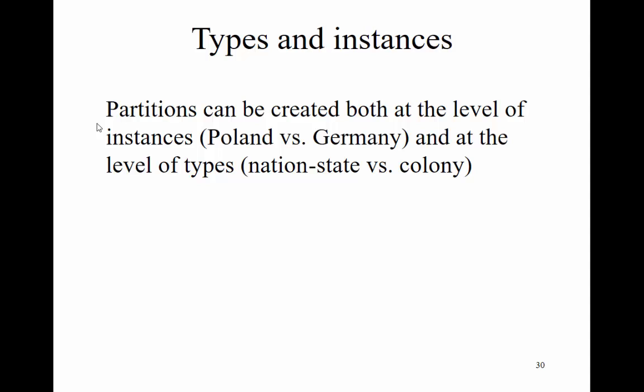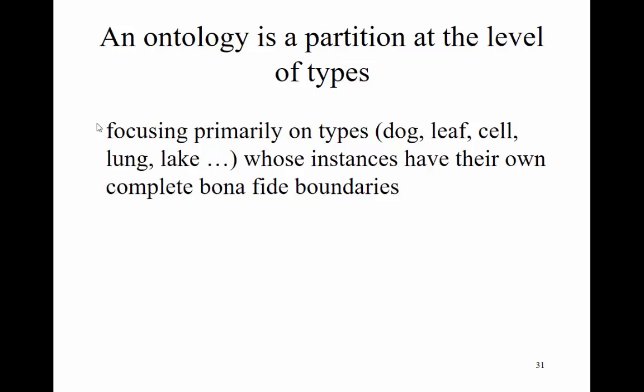Typically, people do not kill each other over types, they kill each other over instances. Nation state versus colony is at the level. And now, as I just said, partitions at the level of types are connected together within those complex structures which are called ontologies.